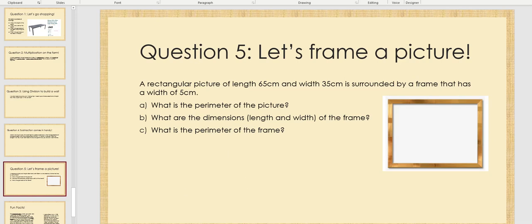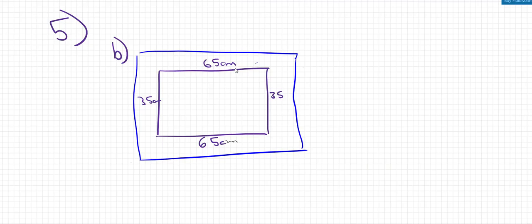So I'll draw a diagram. All right, so there's my picture that we had before, and we measured the perimeter. Now I've drawn a frame around it. Okay, now it's not to scale, obviously. Now a frame, we know when we have a picture, the frame is the same length or width all the way through.